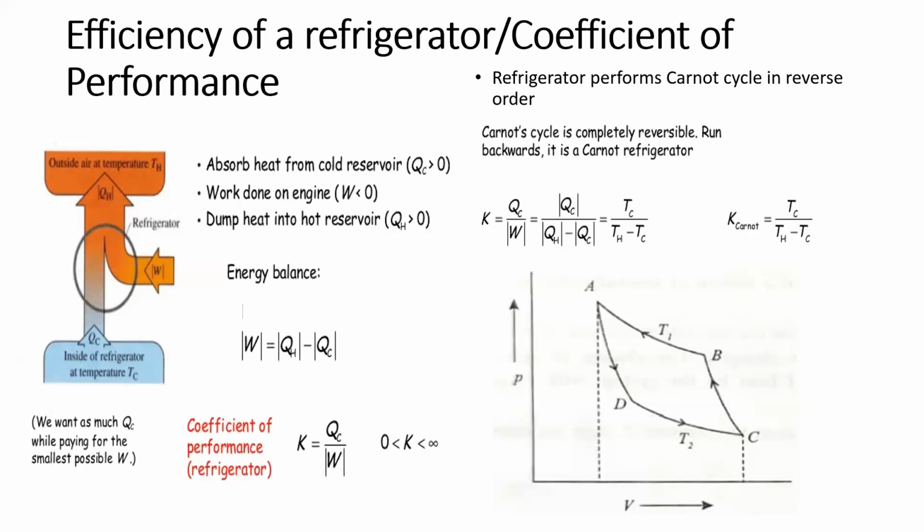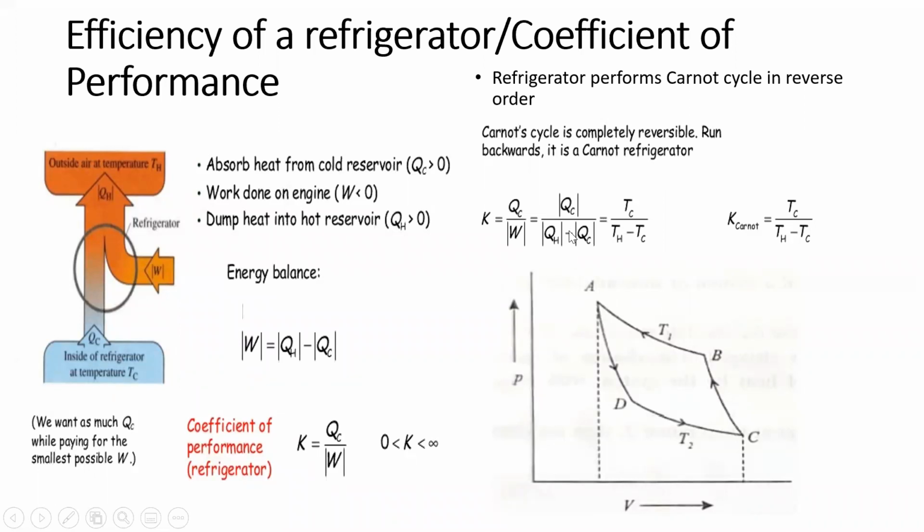So we say that the coefficient of performance is good if with less work done, with less electrical energy, it takes more heat from the inside of the refrigerator. So the coefficient of performance represented by K is equal to QC, that is heat taken from the refrigerator, divided by work done. And also we know that work done is equal to QH minus QC.